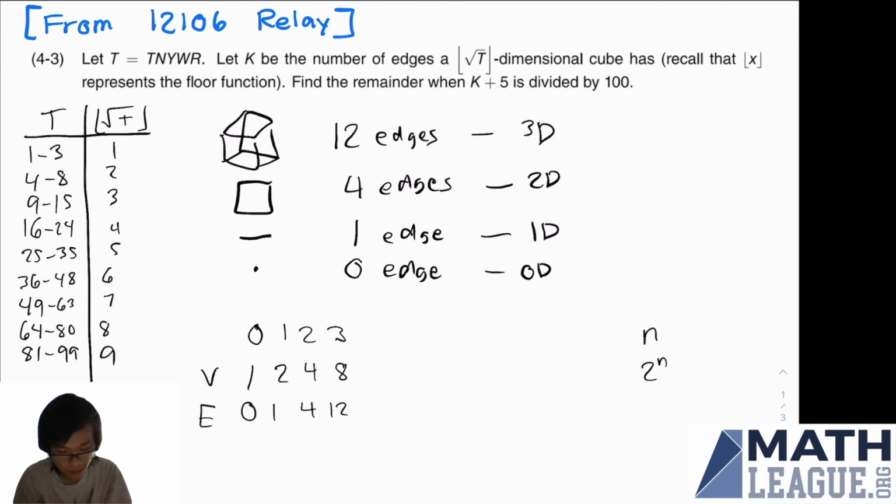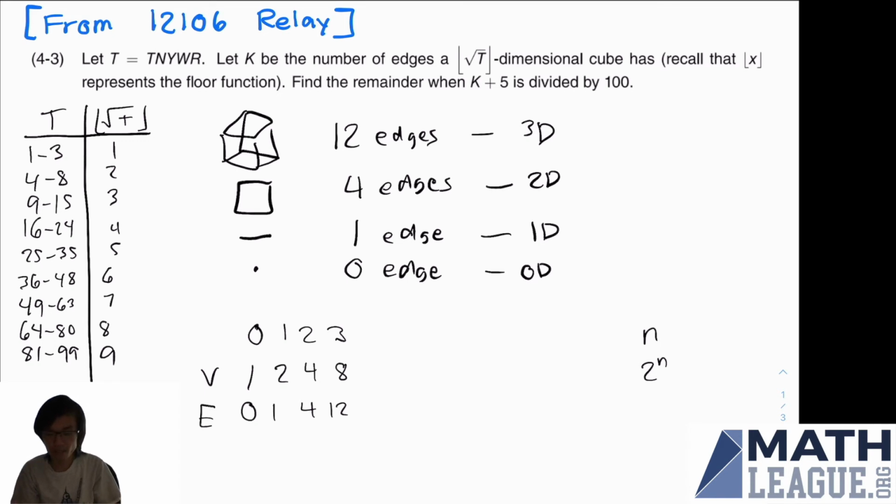In 3D, 3 edges. Wait a minute. So in a cube with n dimensions, each vertex is connected by exactly n edges. And I think we could safely assume that this pattern is going to hold up in the higher dimensions too.